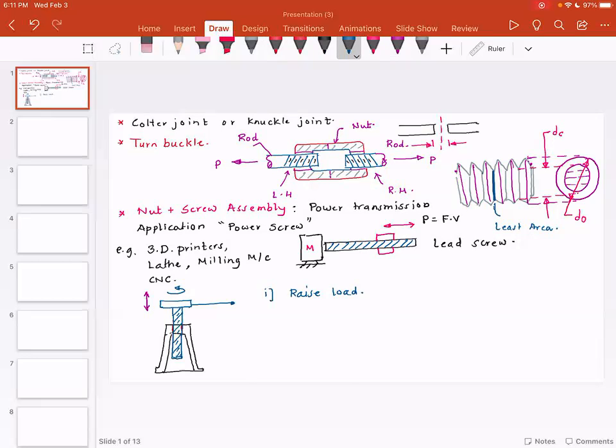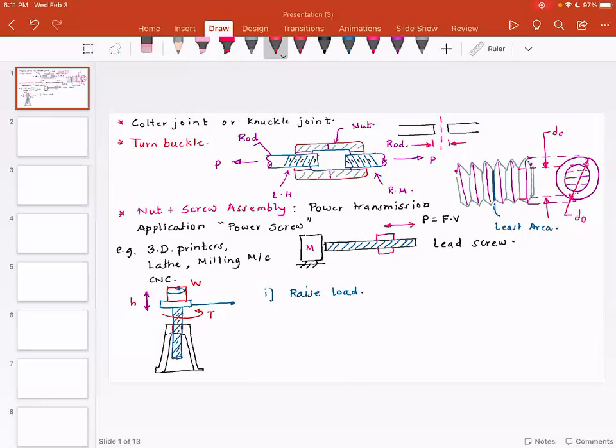So just to give you an idea, consider that there is a load W. And to raise this load, you will have to apply torque T. And what happens is you raise the load to a particular height, say H. And if you remove the torque, what could happen is the load would remain where it is.